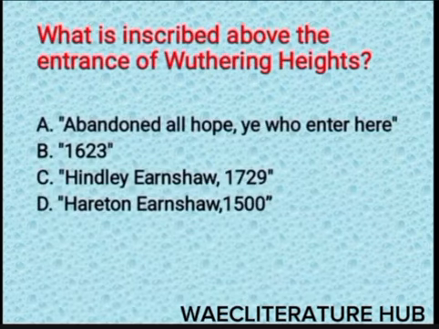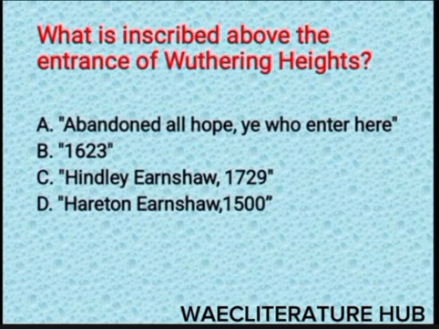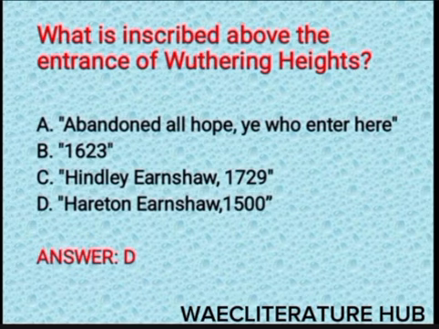Abandon all hope, ye who enter here; 1623, Hindley Earnshaw; 1729, Hareton Earnshaw; or 1500, Hareton Earnshaw. And our answer is Hareton Earnshaw 1500. Now, I don't know the rationale behind Hareton Earnshaw 1500 being written on Wuthering Heights, because Hareton is like a grandchild. But that is what is written there.